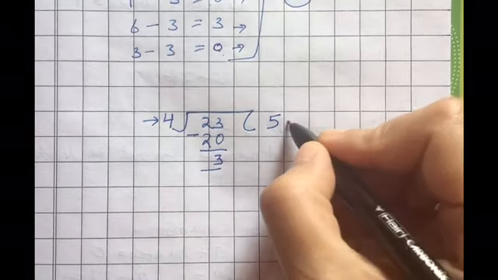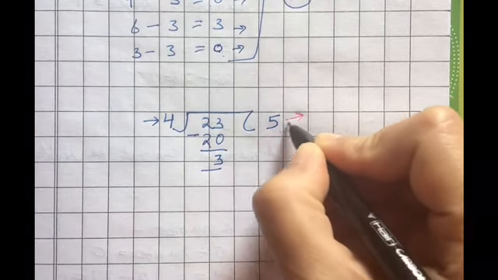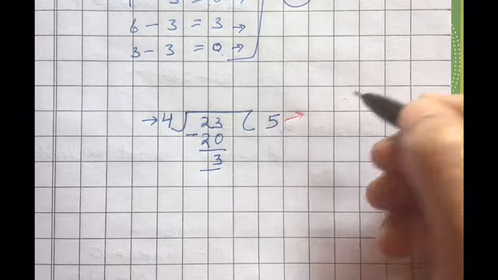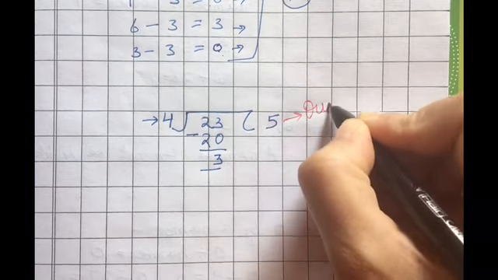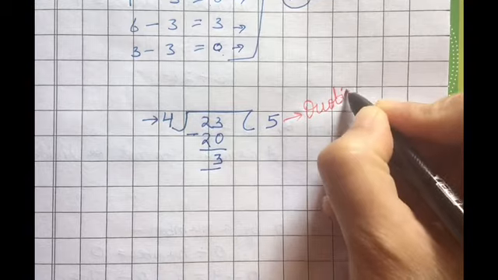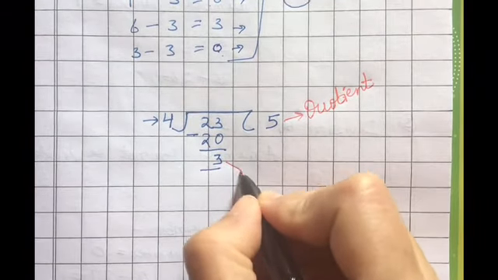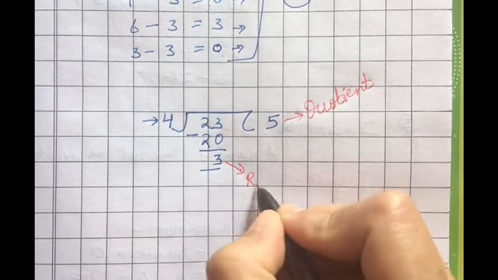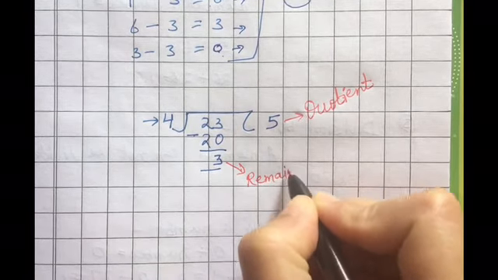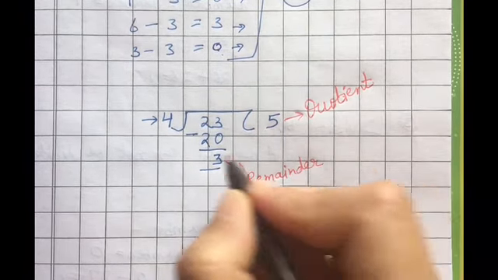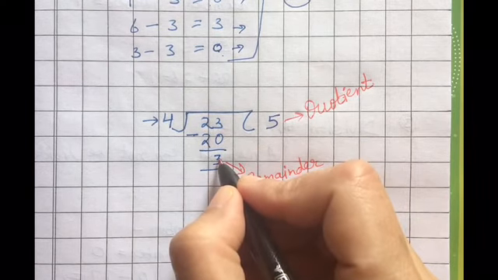Now this answer is called the quotient. This 3 is called the remainder, the number that comes after subtraction.